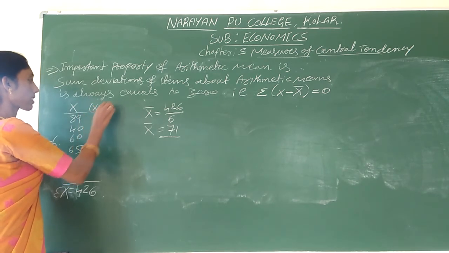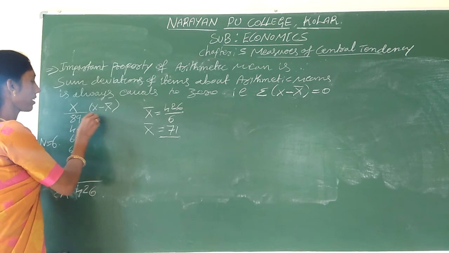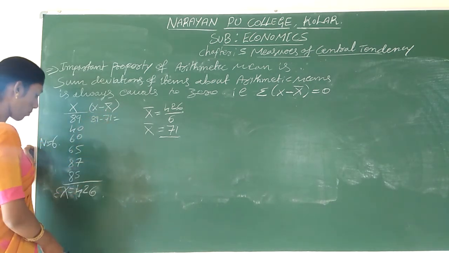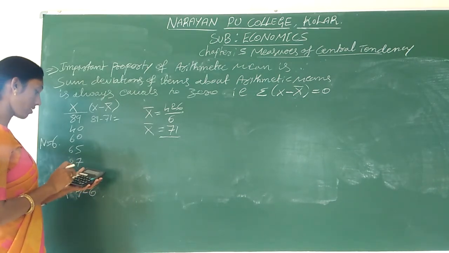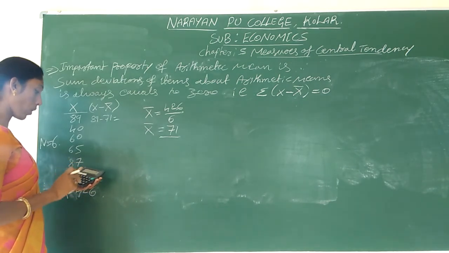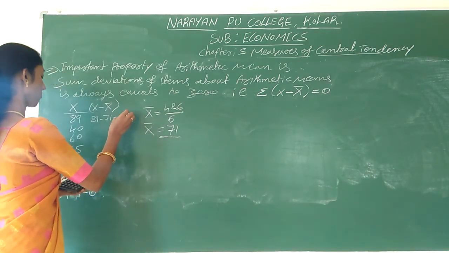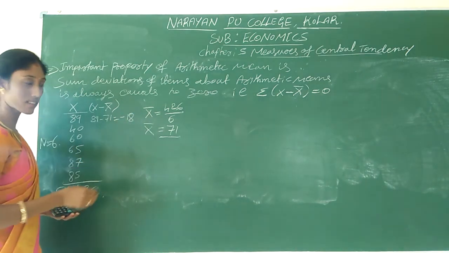We'll check it out now. X minus X bar. When X is 89, X bar is 71. How much do we get? 89 minus 71 is 18. Yes.